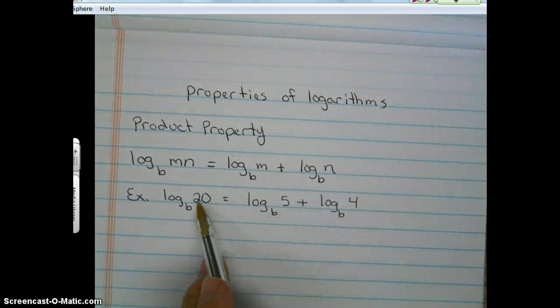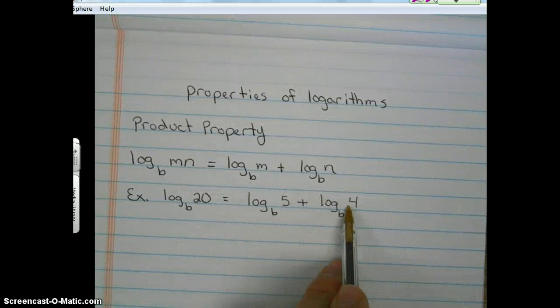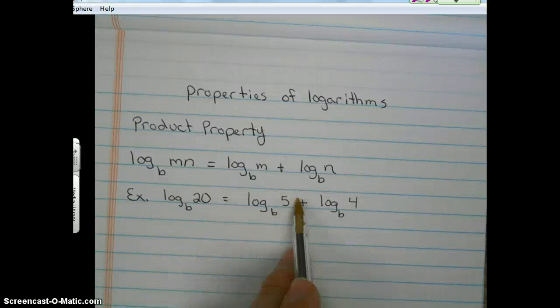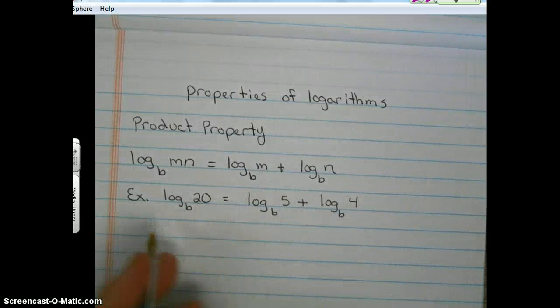So you can take a number and break it down into its factors. 5 times 4 is equal to 20.